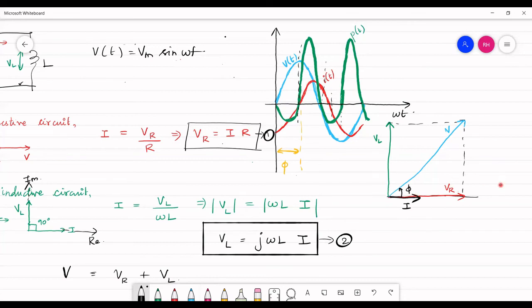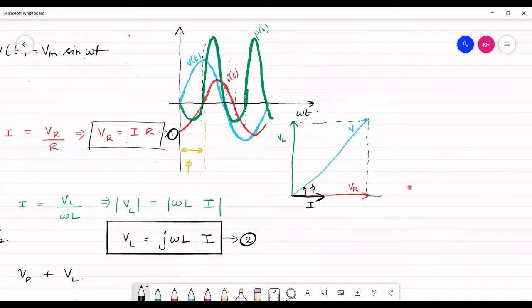Now let me take you to the expression or the power triangle first. Along the resistive component, we have power being dissipated and we call that the active power. Along the inductor, we have another power, and that power is labeled as the reactive power or the quadrature power, because this power makes an angle of 90 degrees with the real power.